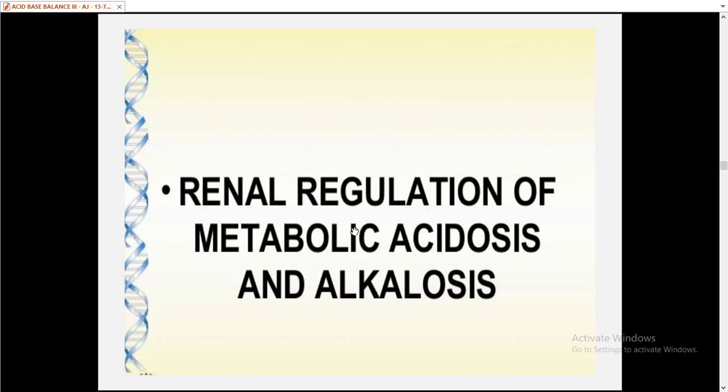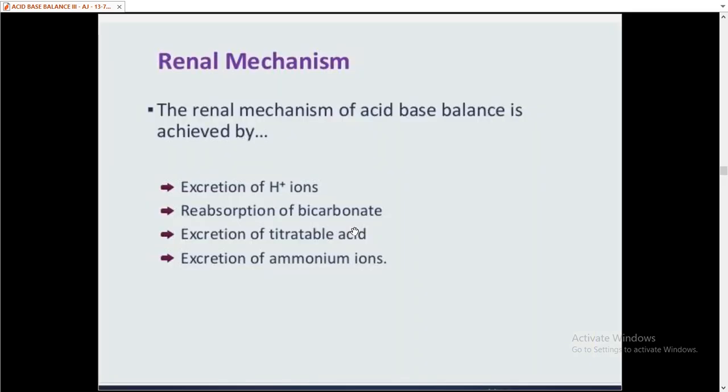Then we will see how these kidneys regulate the metabolic acidosis and alkalosis. They achieve this by four mechanisms. They cause excretion of hydrogen ions, reabsorption of bicarbonate ions, excretion of titratable acids and excretion of ammonium ions.